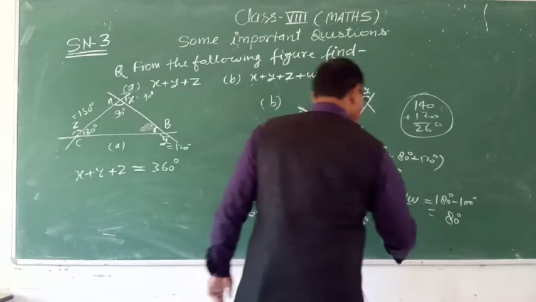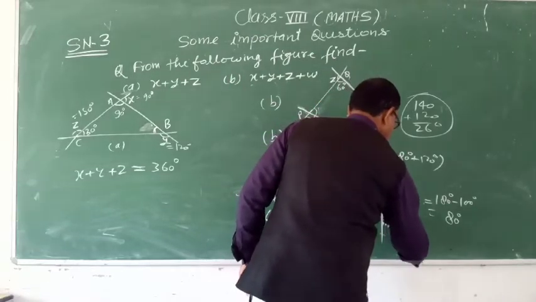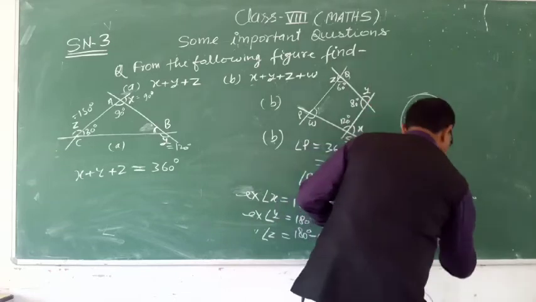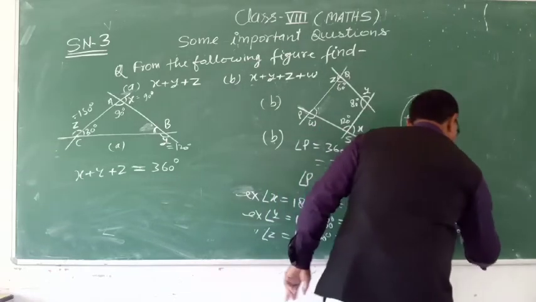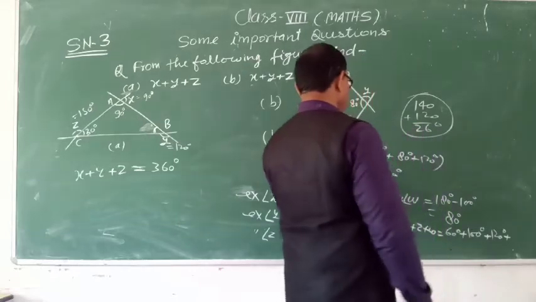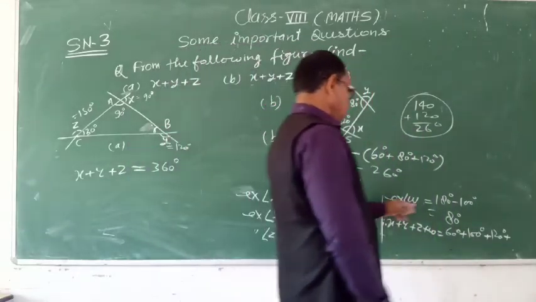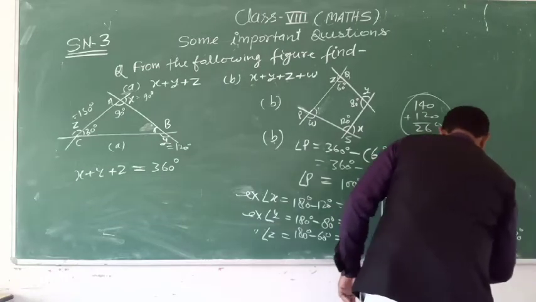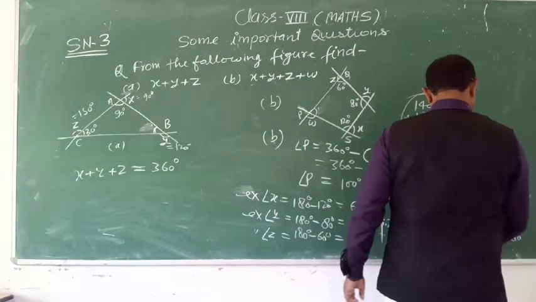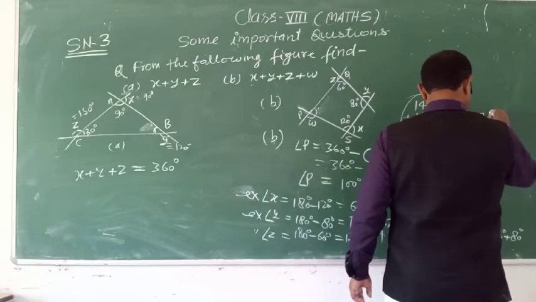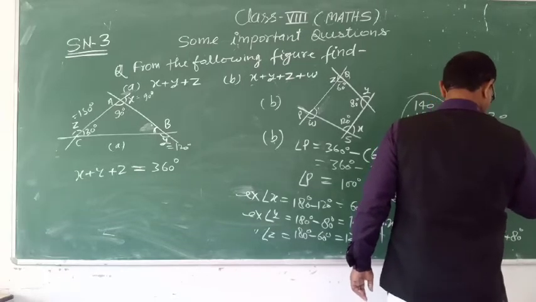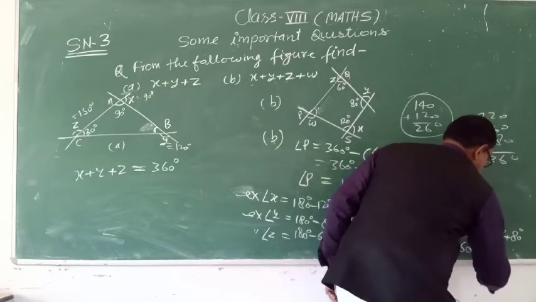Okay, therefore the sum x plus y plus z plus w is equal to 60 degrees plus 100 degrees plus 120 degrees plus 80 degrees, which is 160 and 100, 220 plus 60 plus 80, 360 degrees, which is the answer.